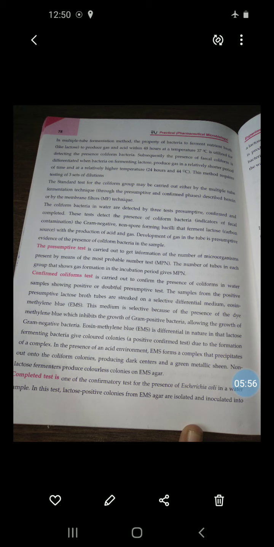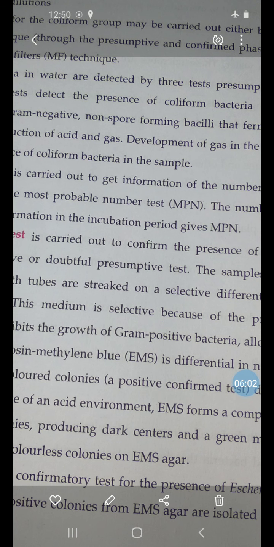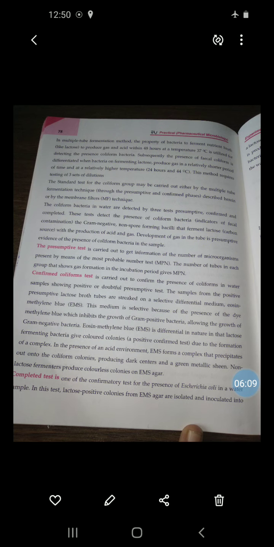First, the presumptive test. This test is carried out to get information on the number of microorganisms present by means of MPN, the most probable number. The number of tubes in each group that show gas formation in the incubation period gives the MPN.